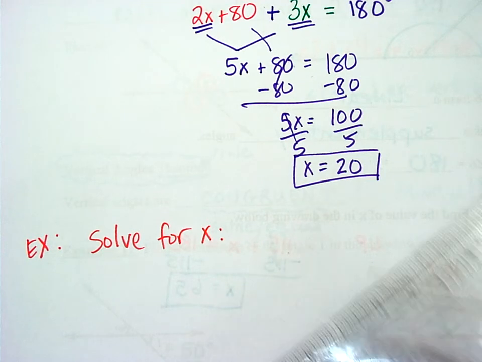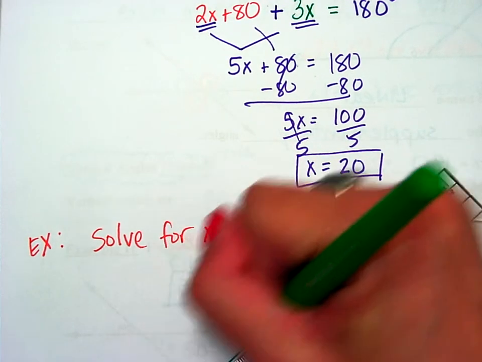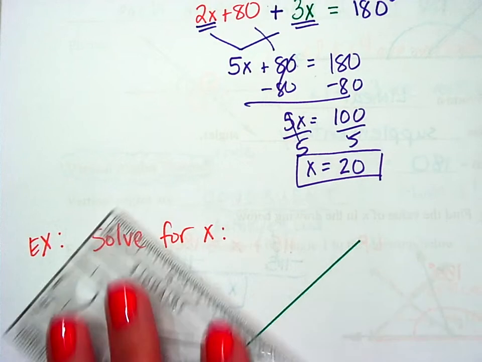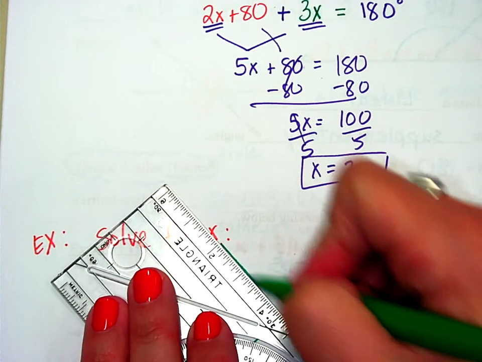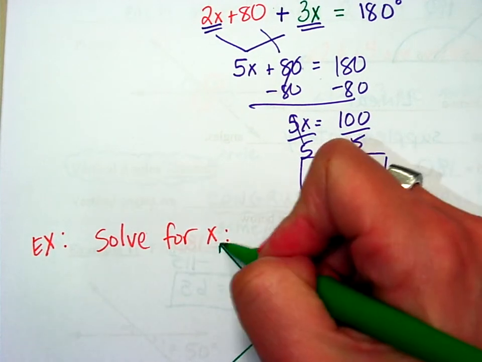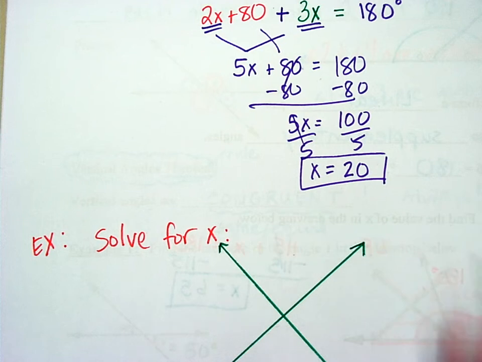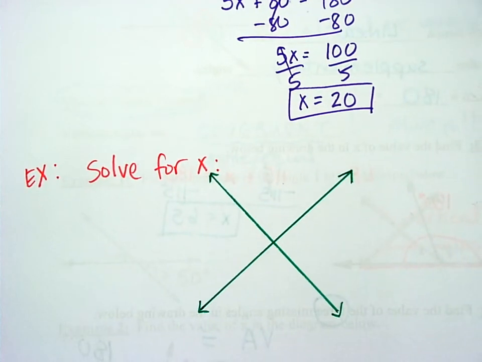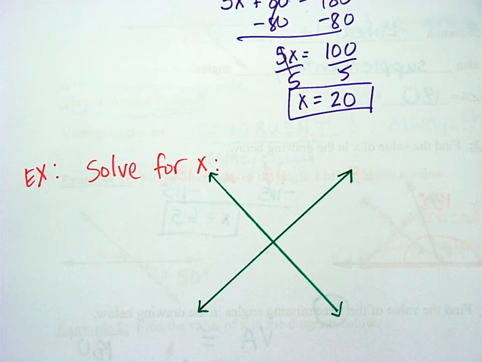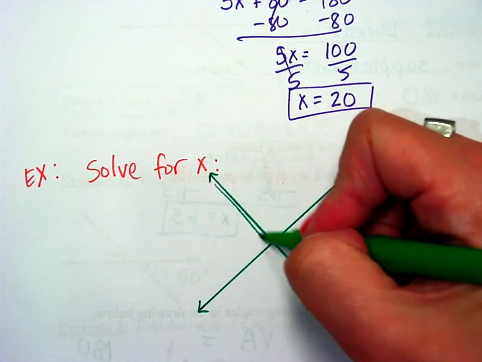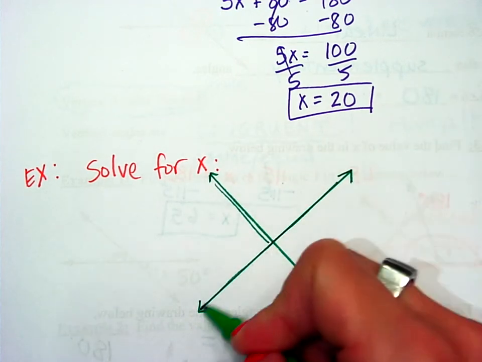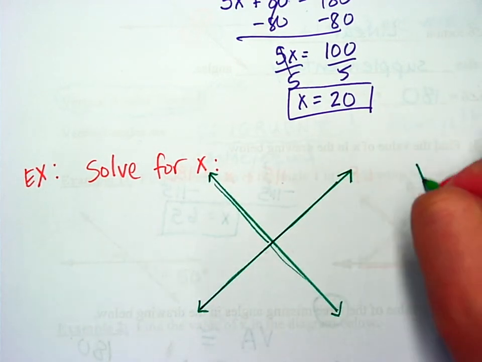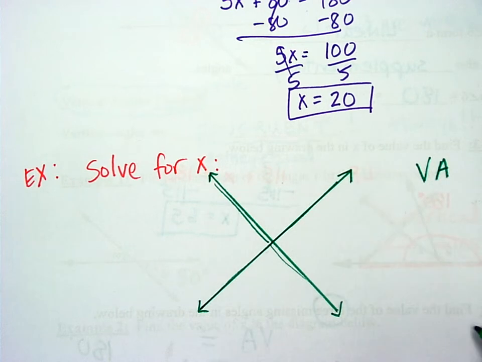This time, we're going to have two intersecting lines. So when we have those two intersecting lines like that, what kind of angles do we have? Remember, this looks like a V up here, and it looks like an A down here. So we have vertical angles, VA.